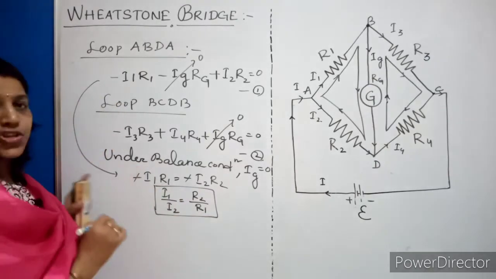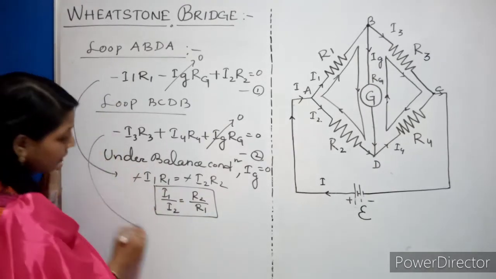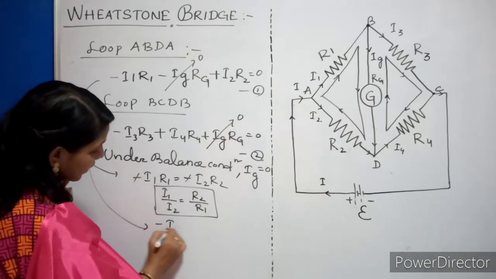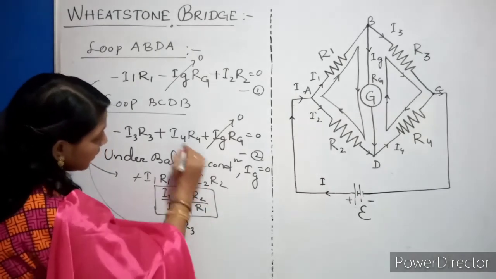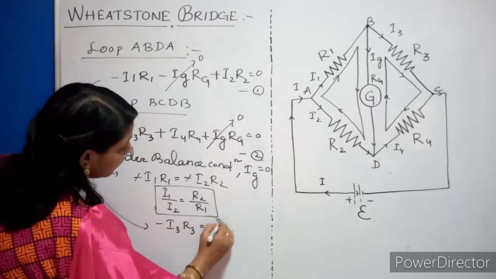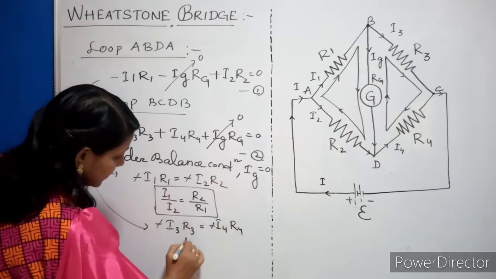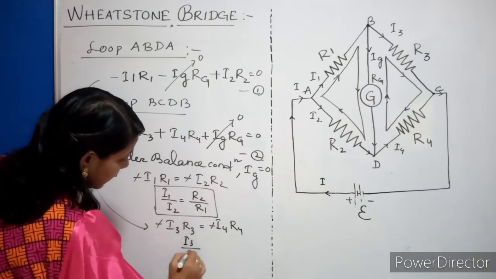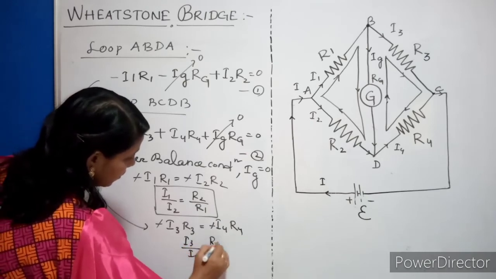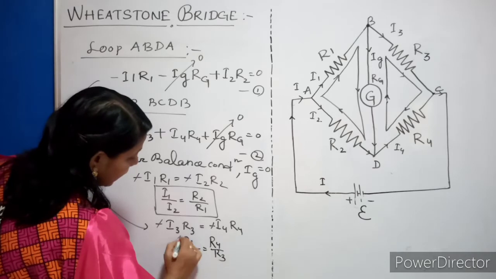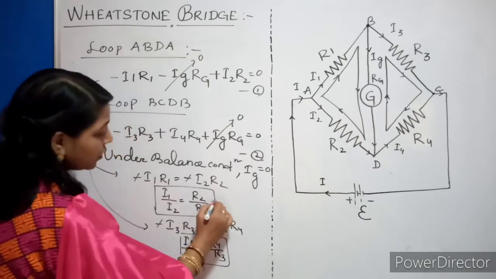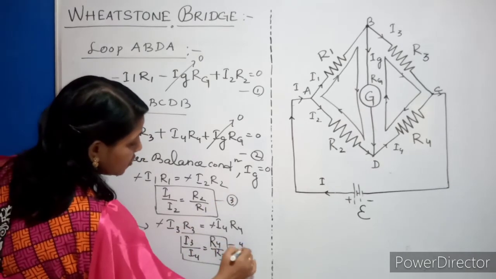You got one equation. Now from the second, what you will write? Minus I3 R3, take this to the right side, equal to minus I4 R4. So minus minus get cancelled. Your I3 by I4 equal to R4 by R3. You got these two, equation 3 and equation 4.